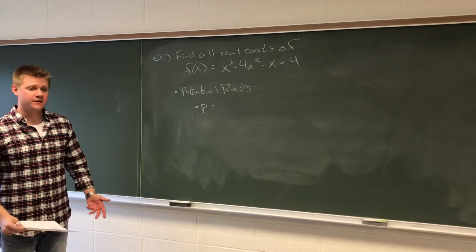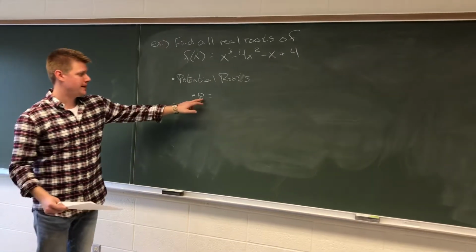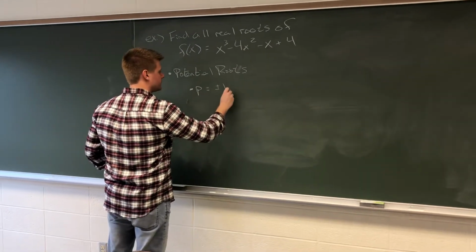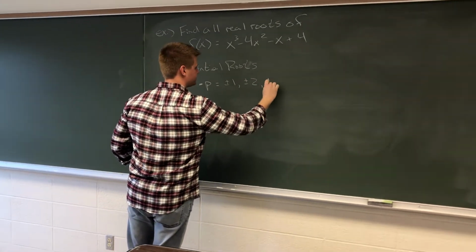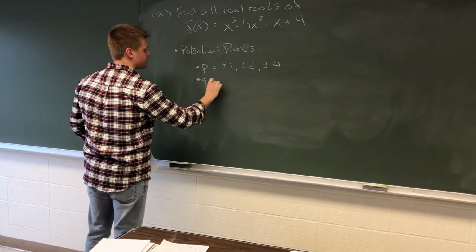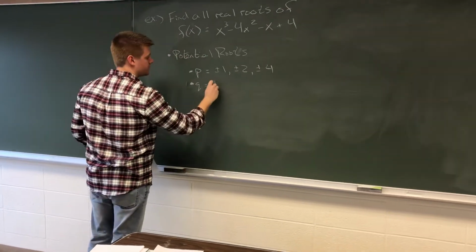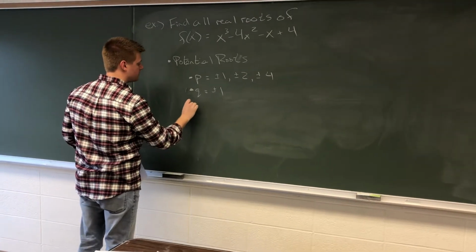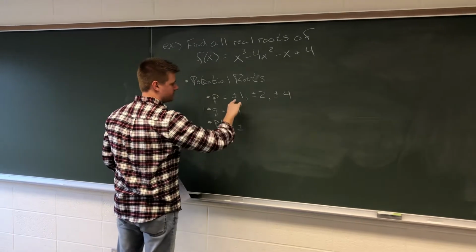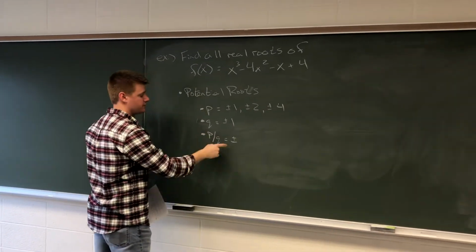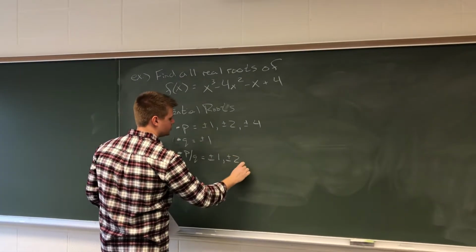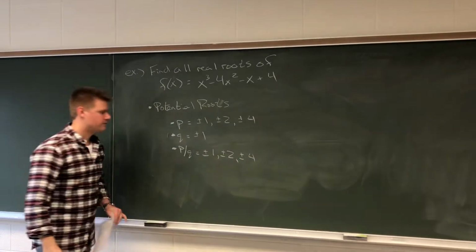Okay, so factors of the constant, P: plus or minus 1, plus or minus 2, plus or minus 4. Q, factors of the leading term, it's just 1, so pretty easy. P over Q, plus or minus, just going to be that list, because P over Q is just divided by 1. Plus or minus 1, plus or minus 2, plus or minus 4.